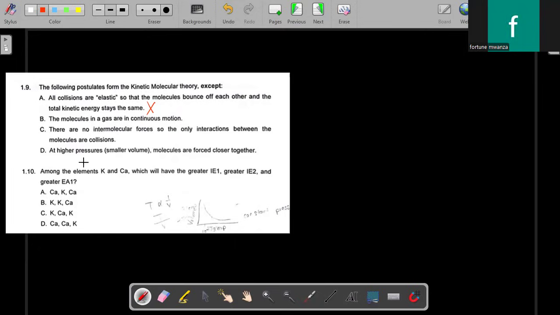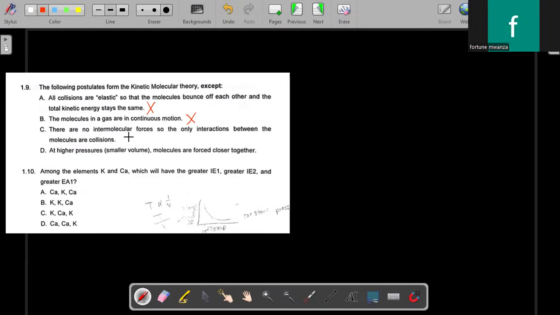Then B says the molecules in a gas are in continuous motion. Yes, this one is also true about the kinetic molecular theory, so it's not an answer. Part C says there are no intermolecular forces, so the only interaction between the molecules is collisions.